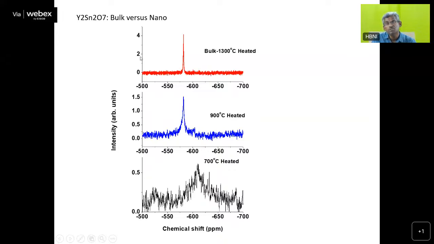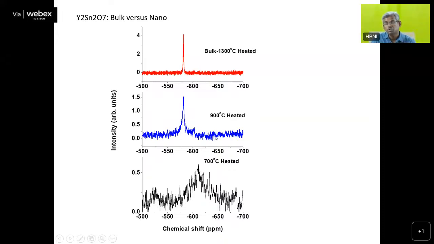Like a perovskite structure, pyrochlores also give a very sharp line, which is characteristic of the symmetric local environment and negligible chemical shift anisotropy. In such systems, the moment you introduce an ion like yttrium, neodymium or europium, we will be able to see a change in the line shape.